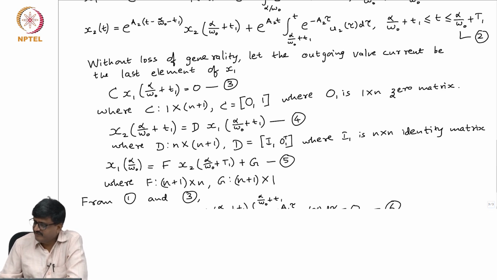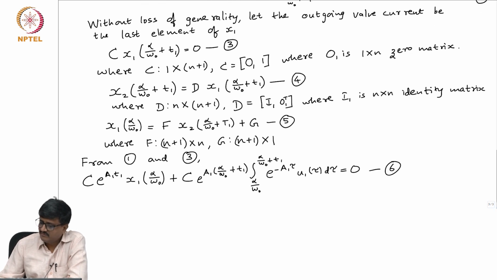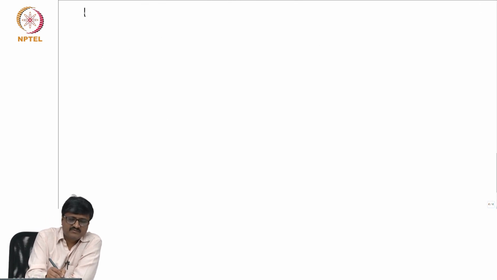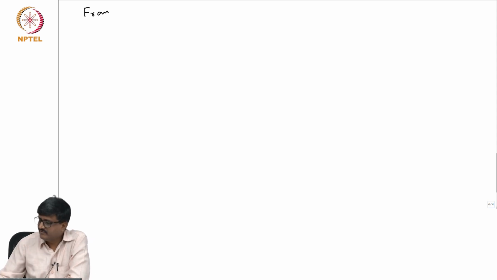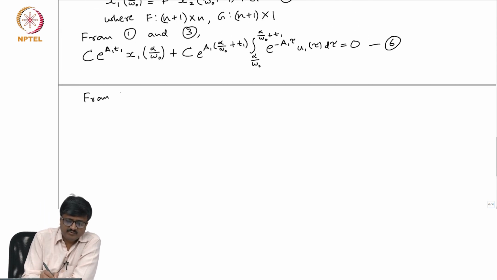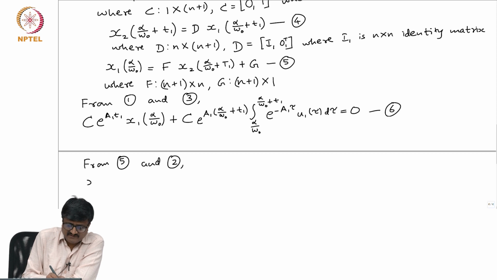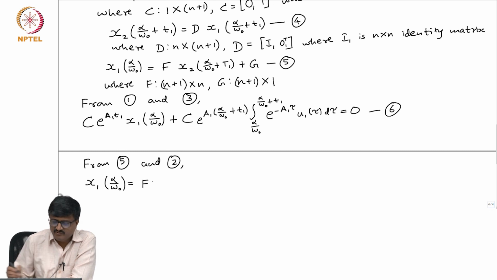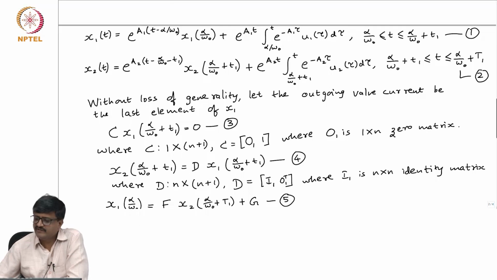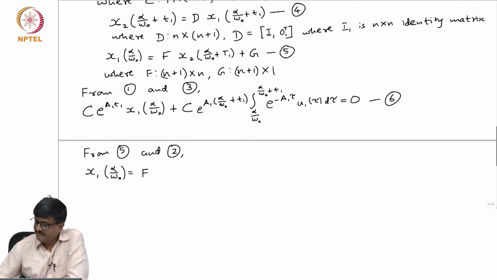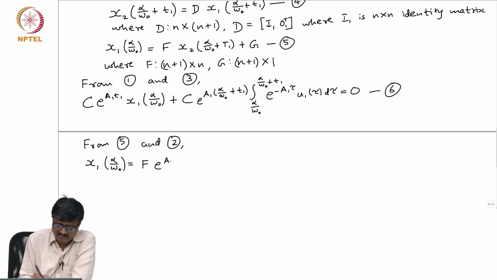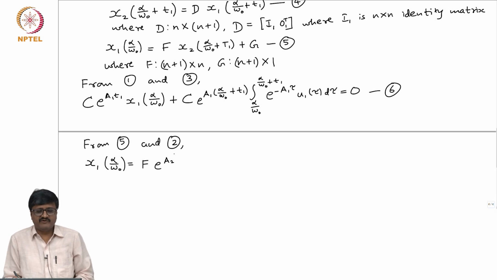So, from equations 5 and 2, 5 says x1 at alpha by omega o is equal to F into x2. So, x2, if you look at equation 2, exponential A2 into, wherever again there is time, replace it by alpha by omega o plus t1.